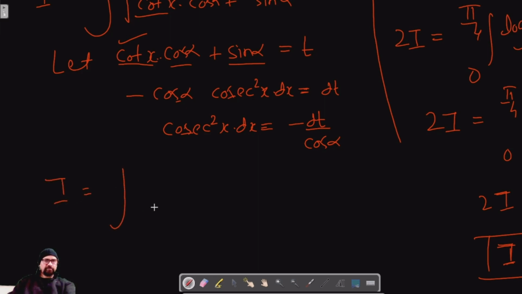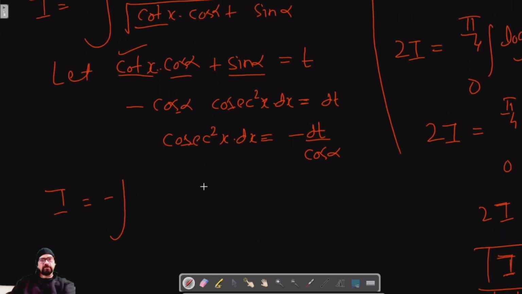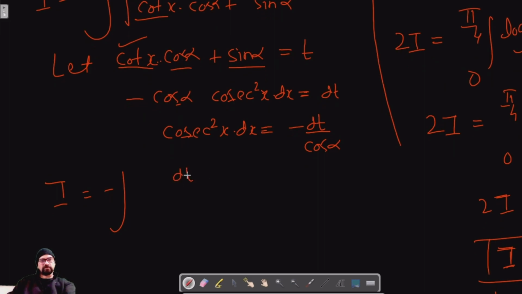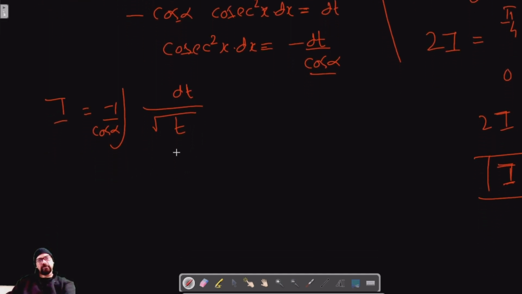Our integration after substitution: this negative is out, and cosecant square into dx is dt. Cos alpha is constant, so it's 1 by cos alpha, and this is under root t. We know that the integration of one over root t is 2 root t. So this is 2 root t plus c.